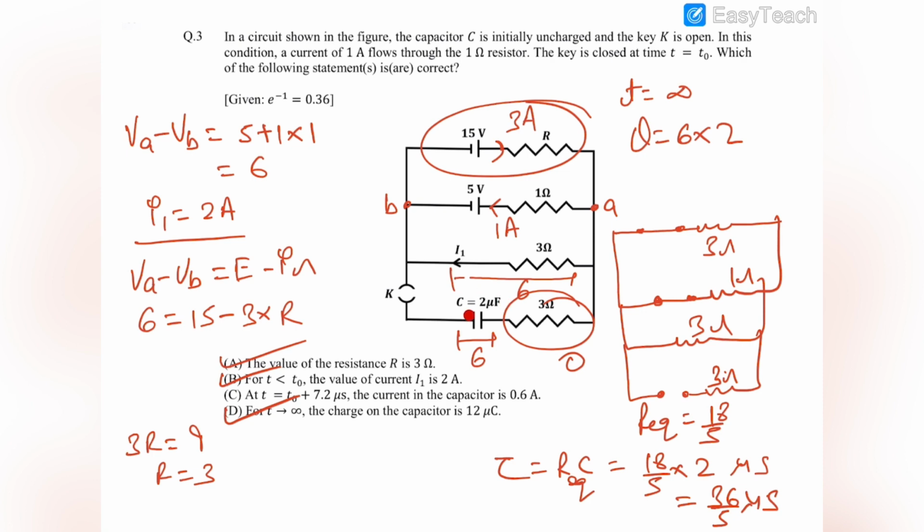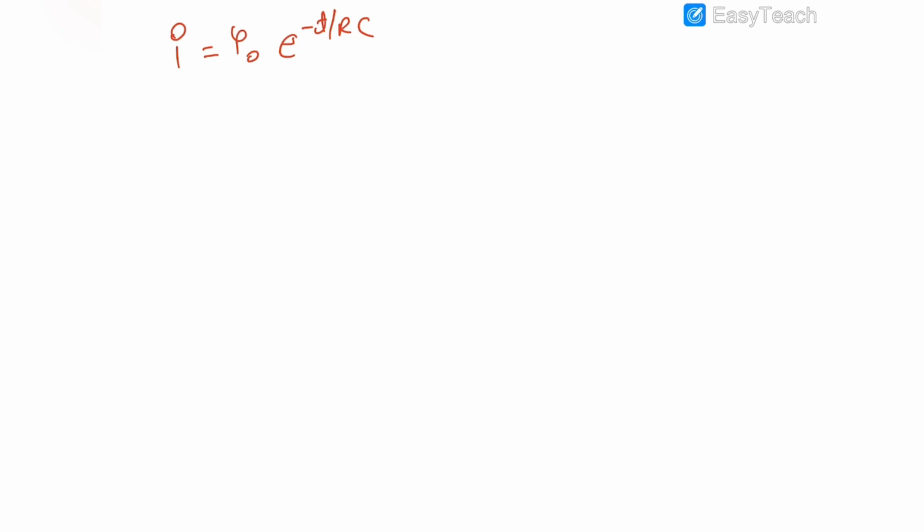charge, the current flowing through the capacitor. We have to find out the current flowing through the capacitor, and we know that the current equation is I is equal to I naught e to the power minus t by RC. We know that in the charging RC circuit, the current is decaying, and therefore the equation would be like that.